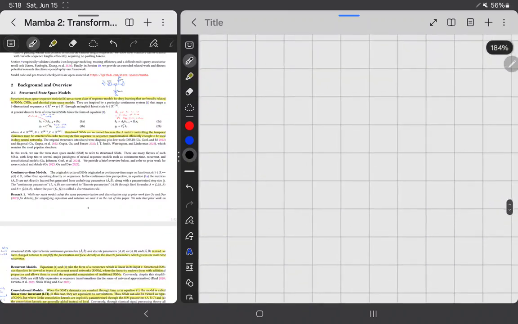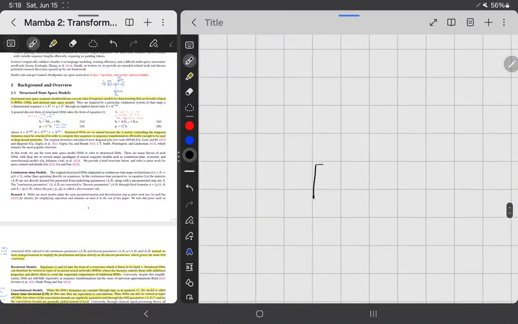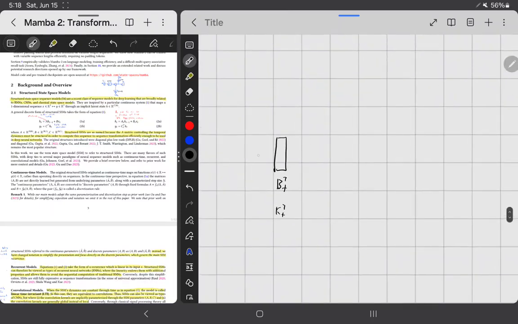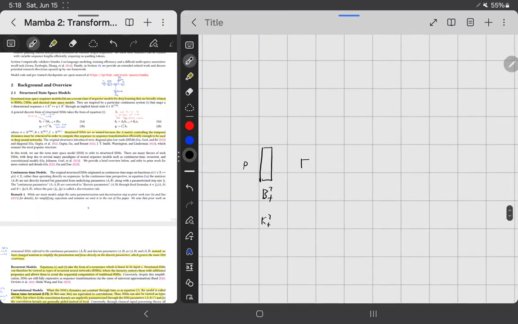So if we do that, we get our B transposes here at time t. This would be our keys at time t. And this is going to be a matrix of size P. This will be a matrix of size N. And this will be our xt. These will be our values.